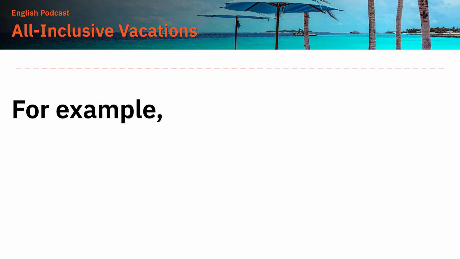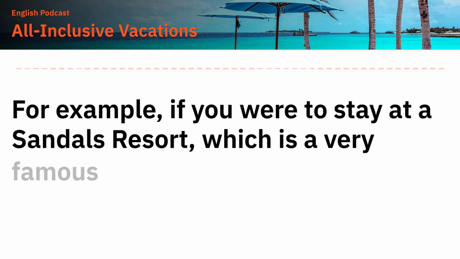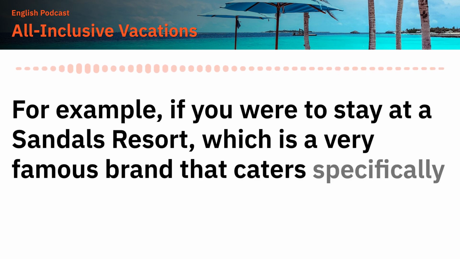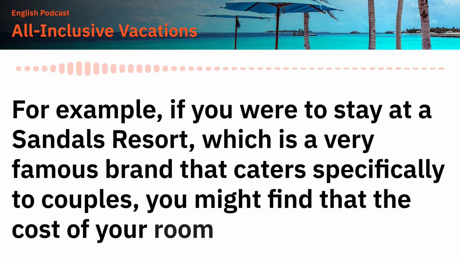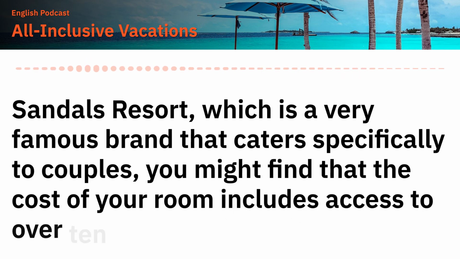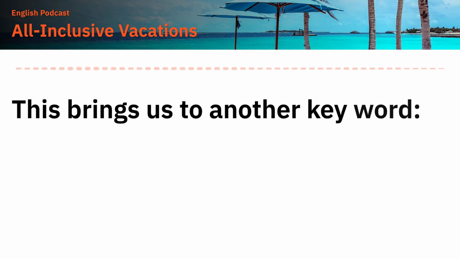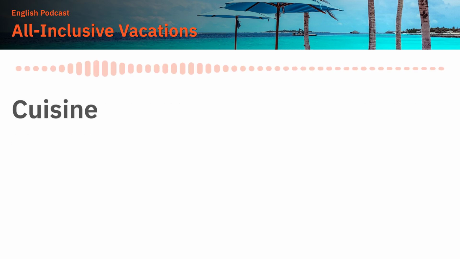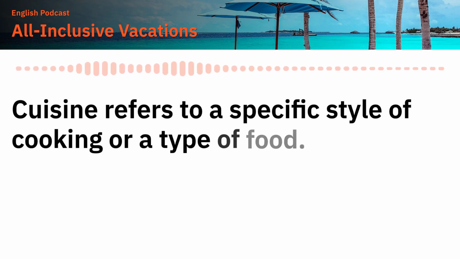For example, if you were to stay at a Sandals resort, which is a very famous brand that caters specifically to couples, you might find that the cost of your room includes access to over 10 different restaurants. This brings us to another key word: cuisine. Cuisine refers to a specific style of cooking or a type of food.